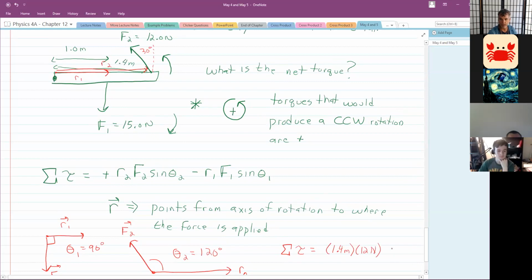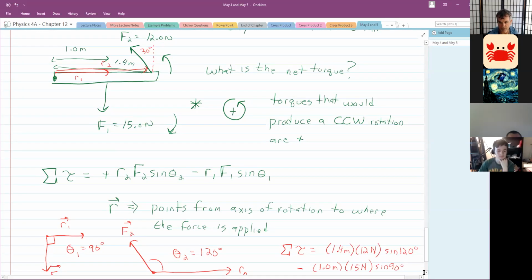Times the sine of the angle between them, which would be the sine of 120 degrees, and then minus R1, which was 1 meter, times F1, which I said was 15 newtons, times the sine of 90 degrees.